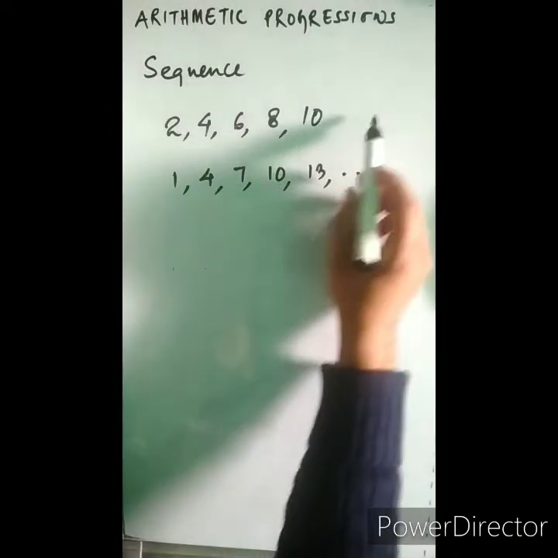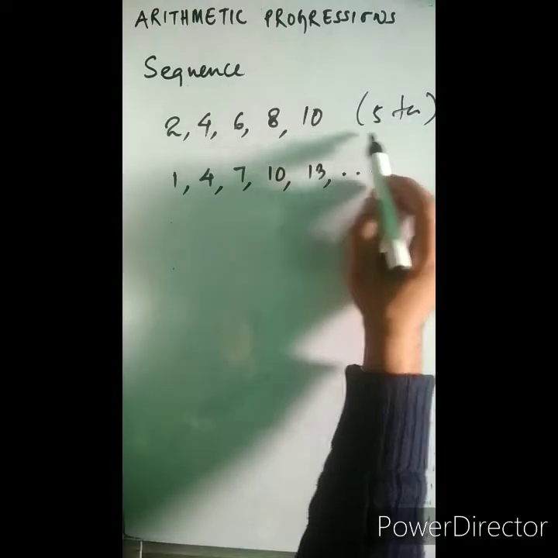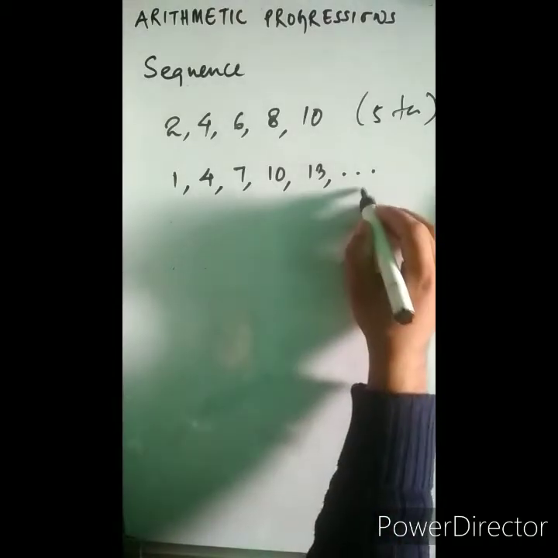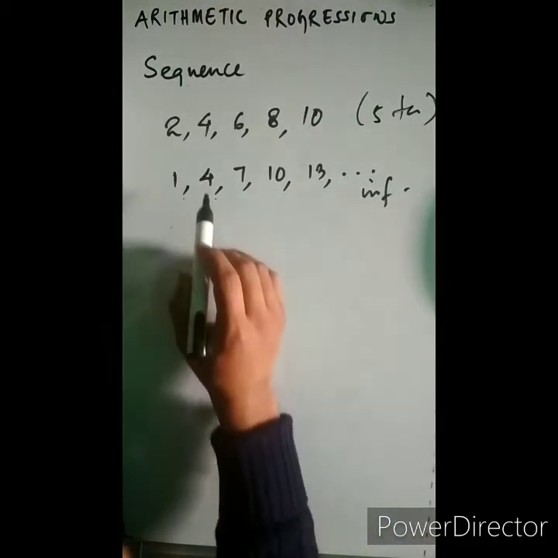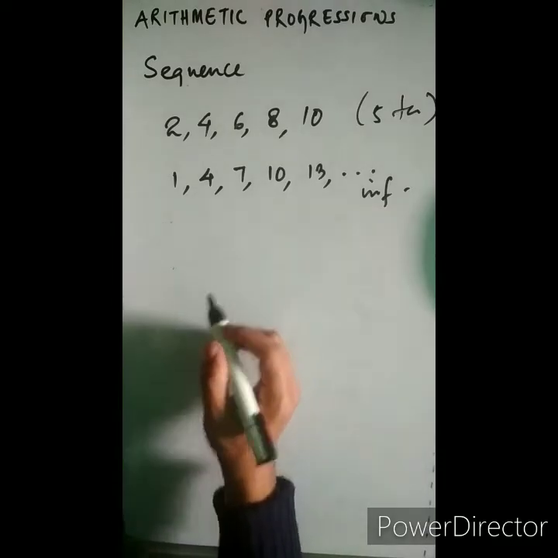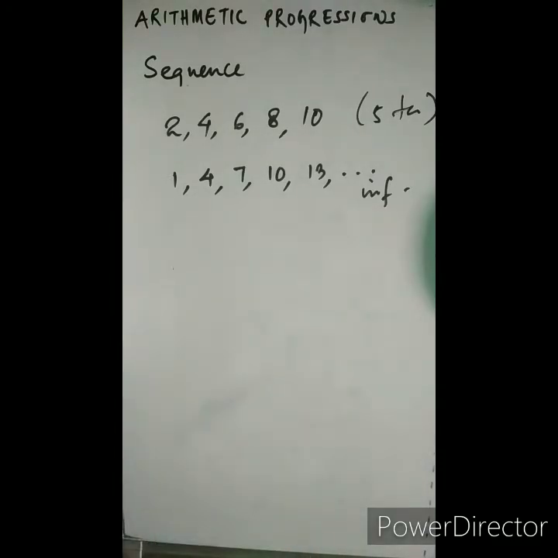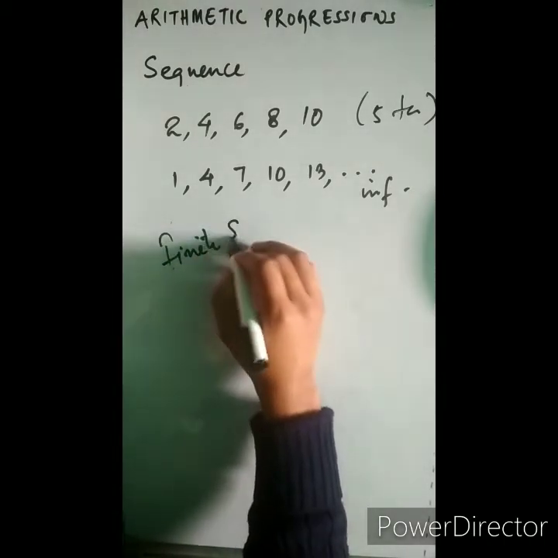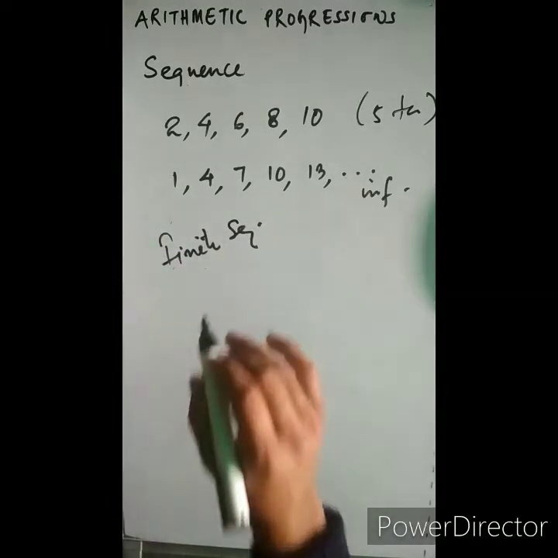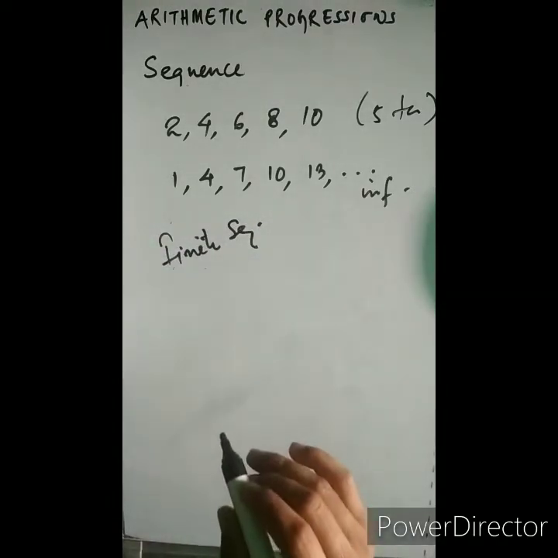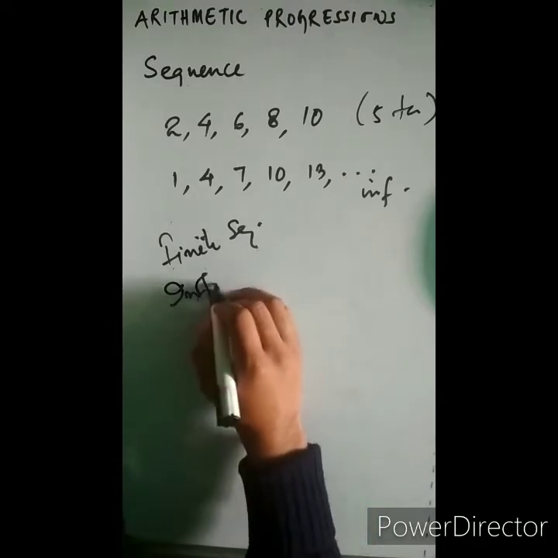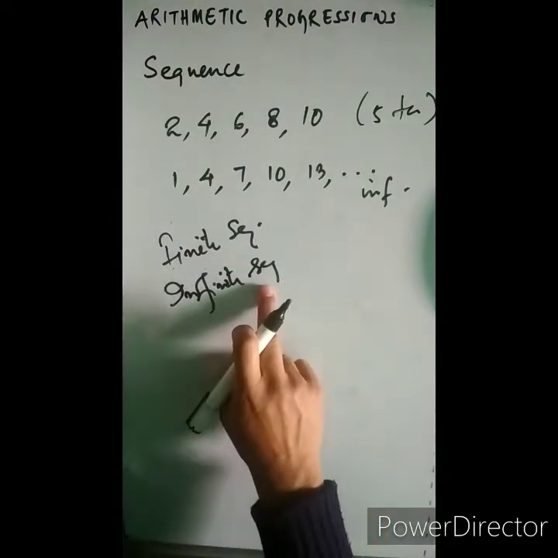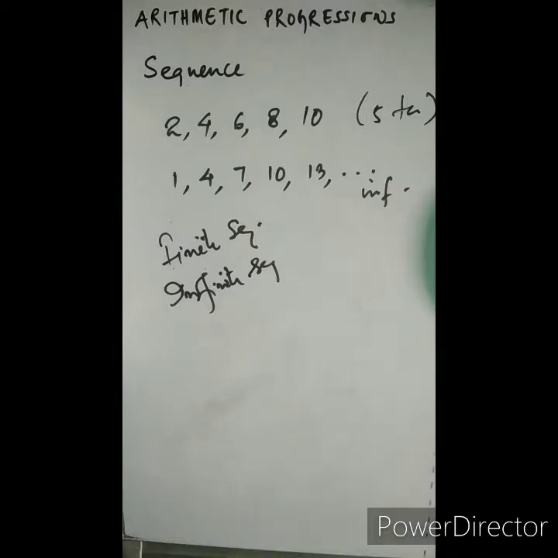Those sequences having a fixed number of terms are called finite sequence. In the next one we have infinite sequence. In case of the infinite sequence, there will be infinite number of terms.